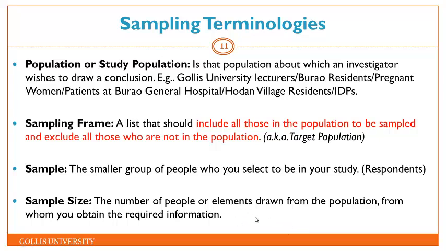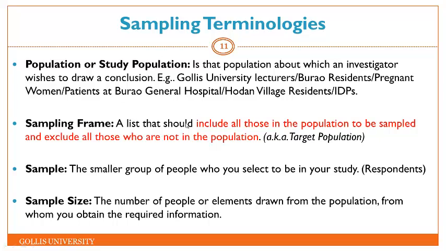Take an example. Maybe my population is Golis University lecturers. Let's say there are 100 lecturers. Then maybe I target only the lecturers in the faculty of medicine and health sciences, and let's say there are approximately 50 lecturers in that faculty.